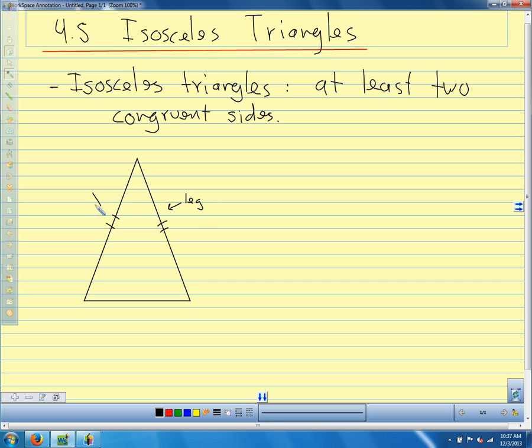So that's a leg, and that's a leg. We call this angle the vertex angle. And this point up here is the vertex.